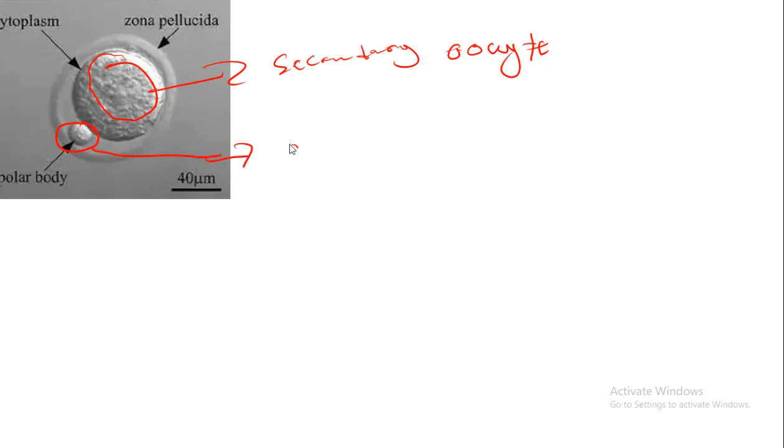I'm sure you can see the zona pellucida and the cytoplasm. This zona pellucida, we are going to discuss later on and know its function. These came from the primary oocyte.